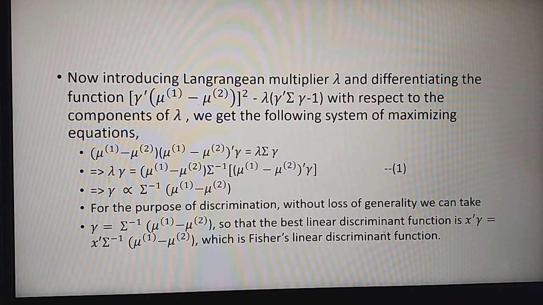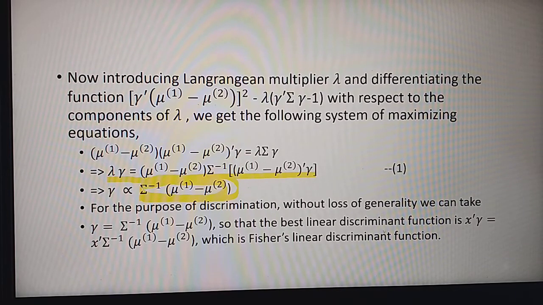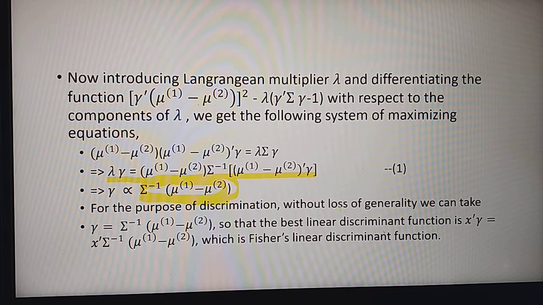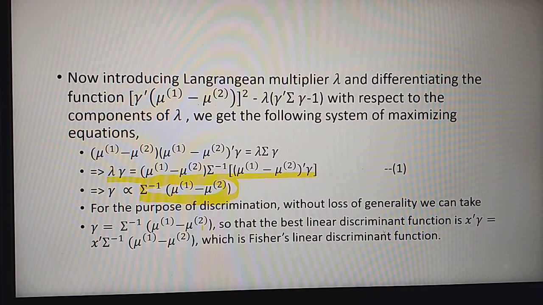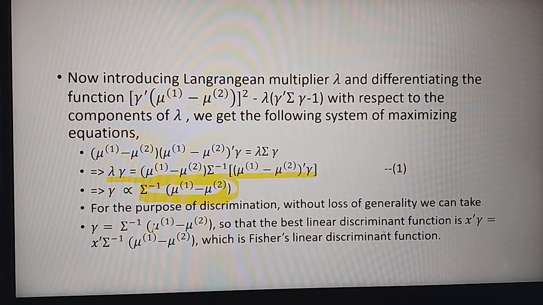Ultimately what we get is lambda gamma equal to this, which means that gamma is proportional to, or gamma is a multiple of, sigma inverse (mu1 minus mu2). So for the purpose of discrimination, without loss of generality, we can take gamma = sigma inverse (mu1 minus mu2). So the constant of proportionality here is 1.